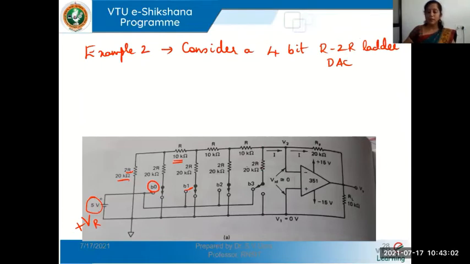In this 4-bit R2R ladder version of the DAC, we haven't written an R here, whereas in the 3-bit ladder there was one more R here. We had 3 Rs and 4 2Rs there. Here we have 5 2Rs and only 3 Rs. This RF will also be 2R as before. So even this version will work.